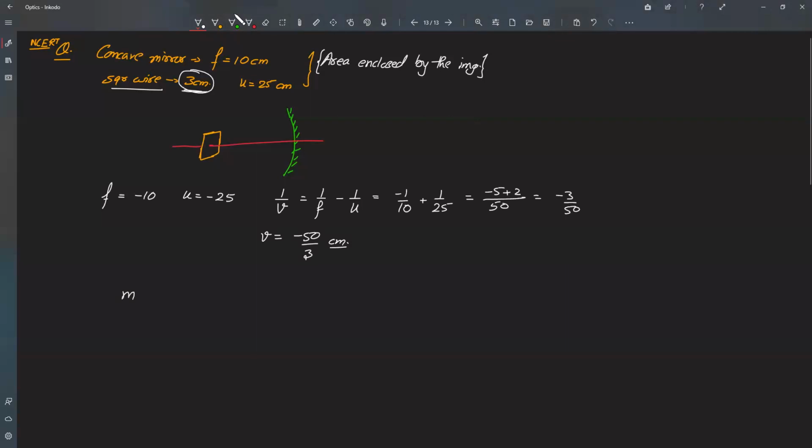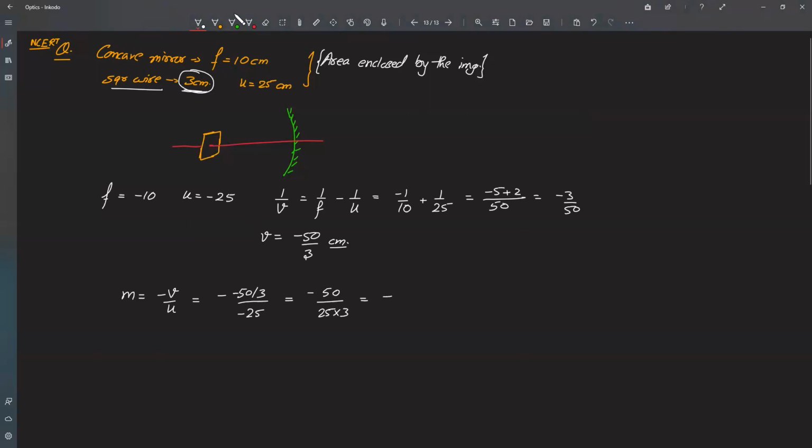Then you have to find the magnification. So V is minus 50 by 3.